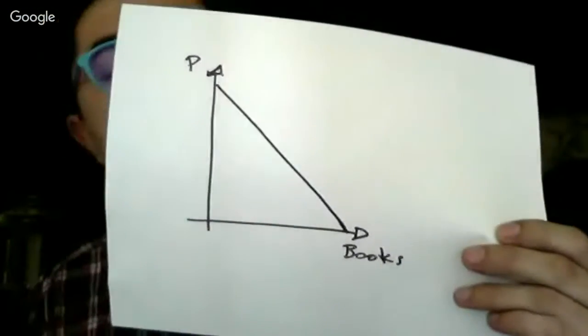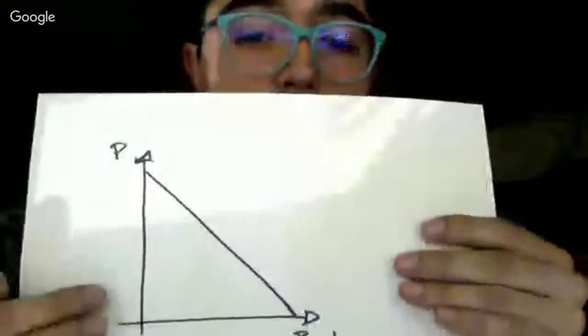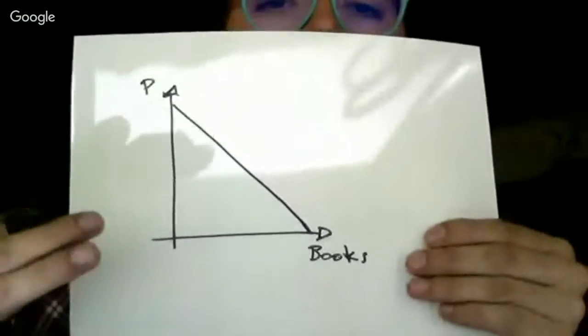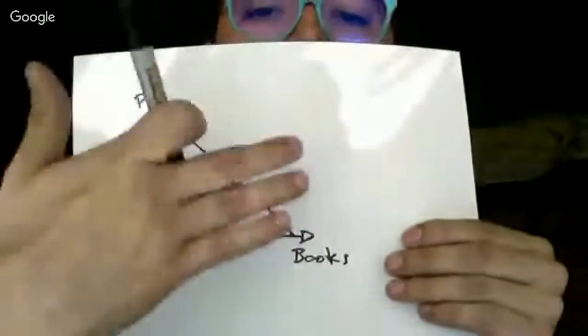Now, imagine that your income suddenly goes up, so you are more able to afford books. So what is going to happen is the price of books is not changing. Again, price of books is not changing. What is changing is your income. So it's an external change that is not in this graph.